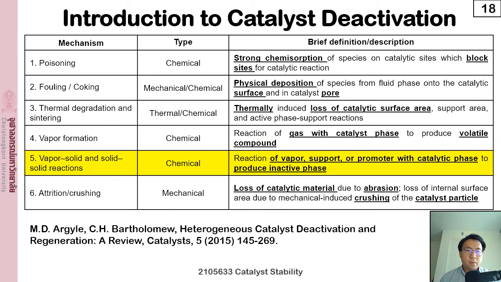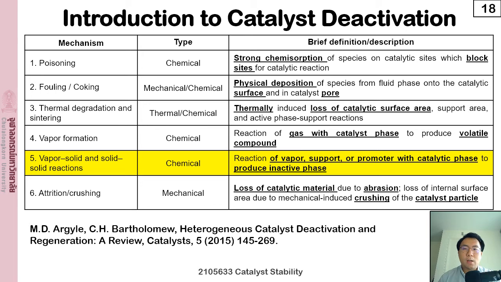The fifth deactivation scheme is the chemical deactivation called vapor-solid and solid-solid reactions. It is a chemical reaction of vapor, support, or promoter with the catalytic phase. Why vapor? In this case, as it is a vapor-solid reaction, the vapor is the reactant, products or byproducts in the gas phase.